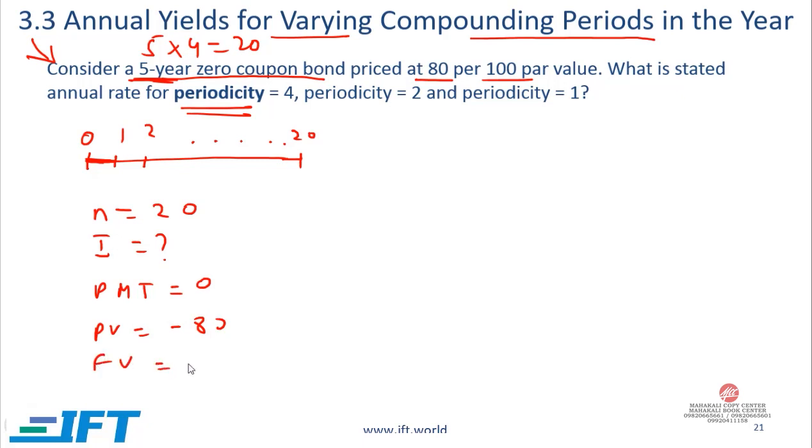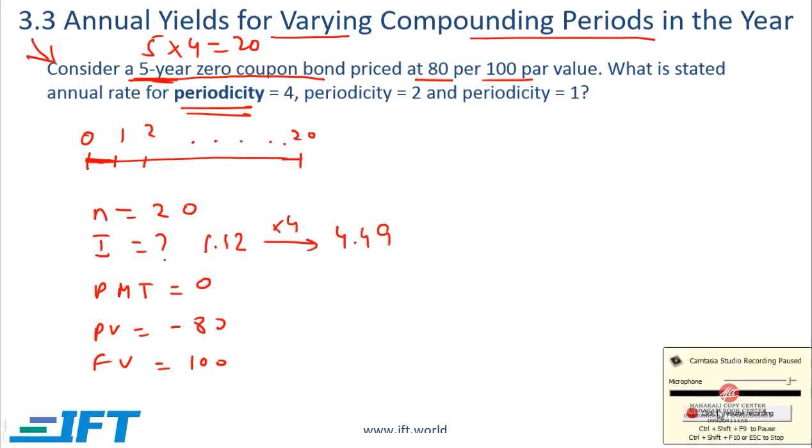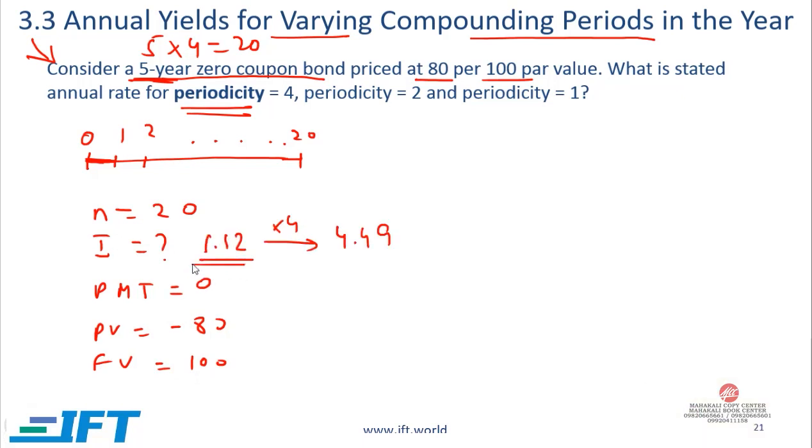FV is equal to 100. And let's come up with I. The interest rate we come up with is 1.12%, which is for 1 quarter. To annualize this, we multiply by 4 and come up with 4.49. This is the stated annual rate assuming a periodicity of 4.